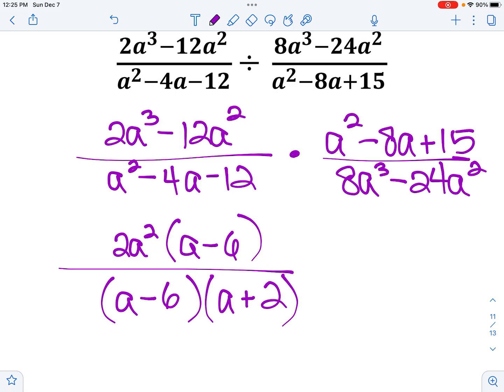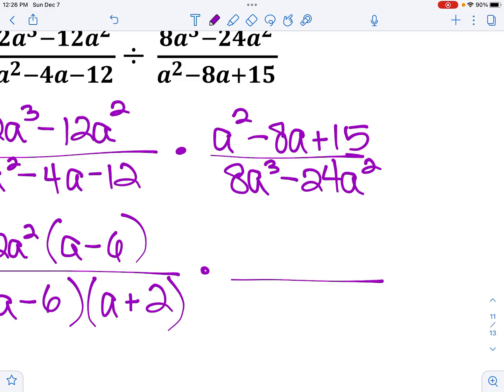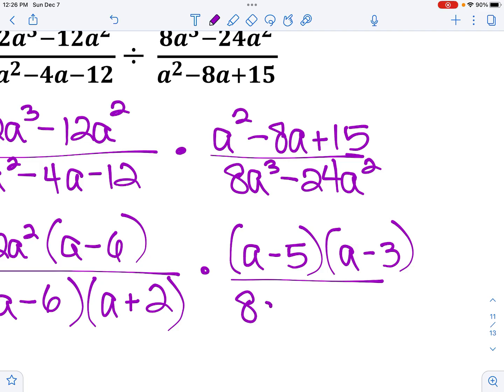Two numbers that multiply to be -12, but add up to be -4. Okay. Uh, 15, so -5 and -3, because I need that to add up to be -8. Take out an 8a squared. I got a minus 3.